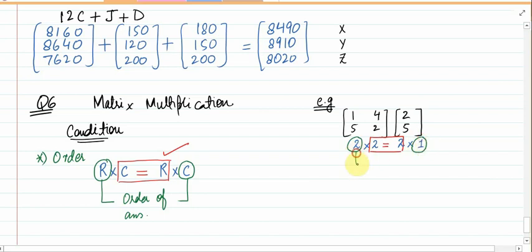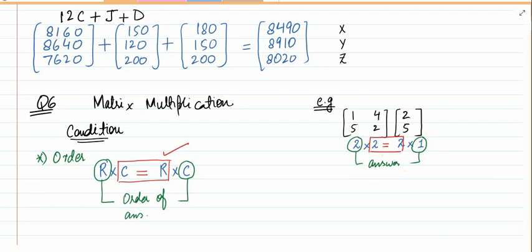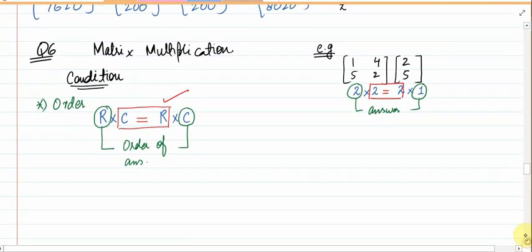That means the answer will be a 2 by 1 matrix, and we can see that in a while, right? So the first step in matrix multiplication, you need to check the condition, and the condition says that the column of the first matrix and the row of the second matrix must be equal, right? Okay. After the condition, how to solve it?